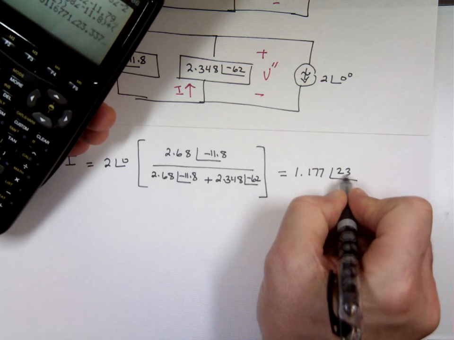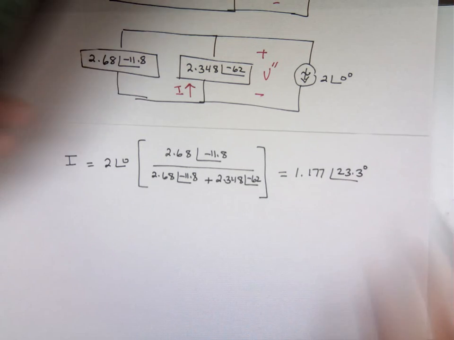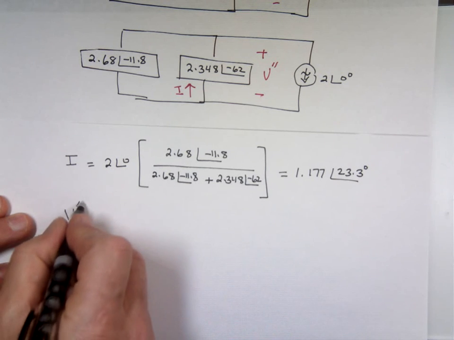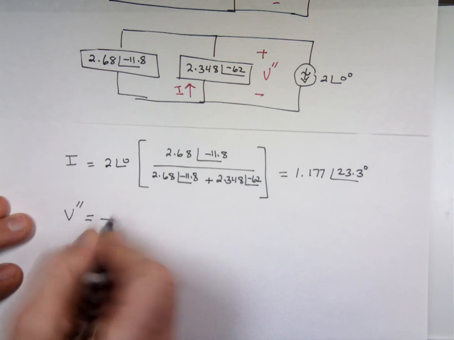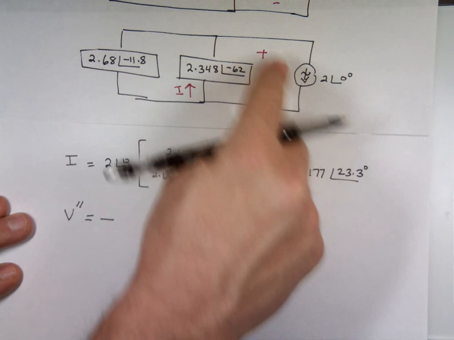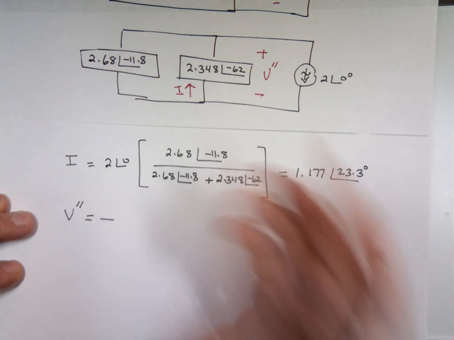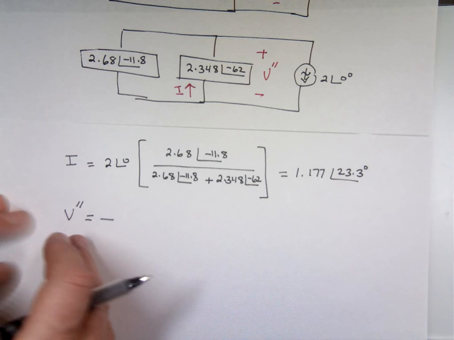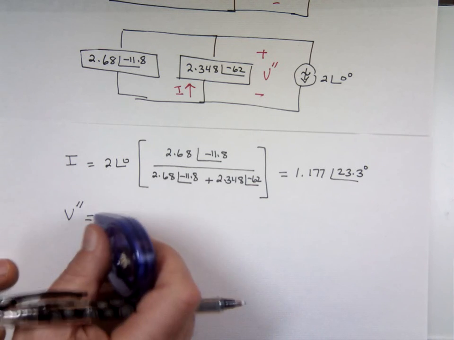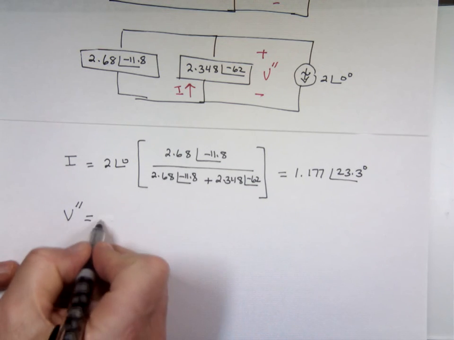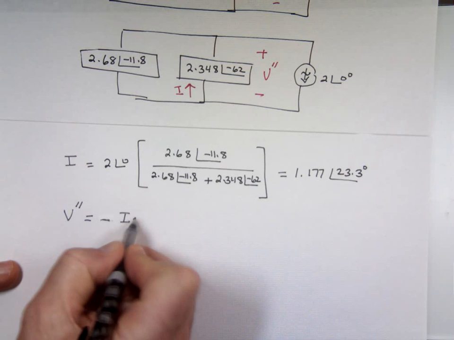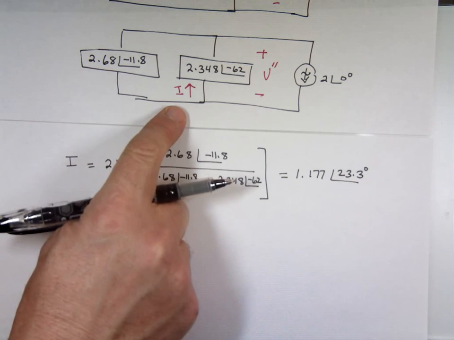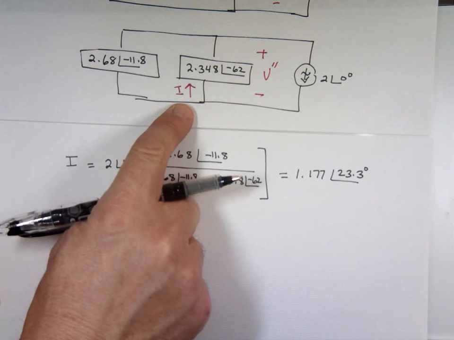It's going upward. So what is V double prime then? It's going to be a negative. I'm going to mark it plus to minus, backward to this one. Ohm's law says V equals I times Z, so it'll be negative I times Z. Negative because of the direction; I want that to be plus on the top, minus on the bottom.